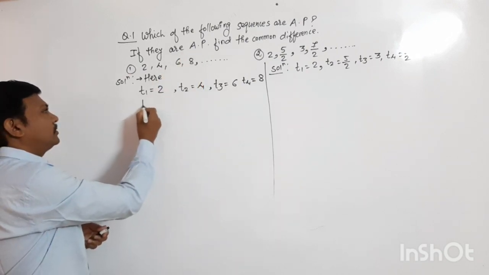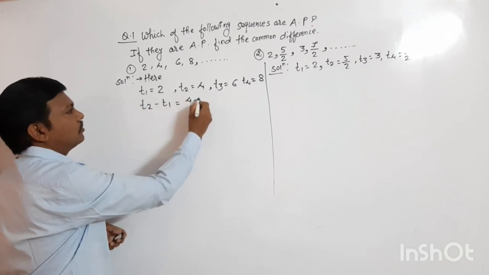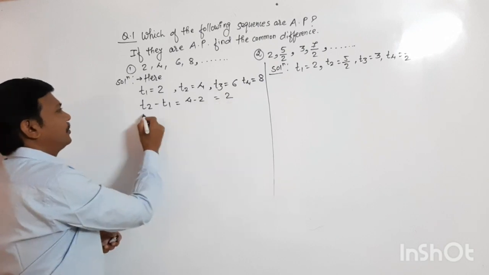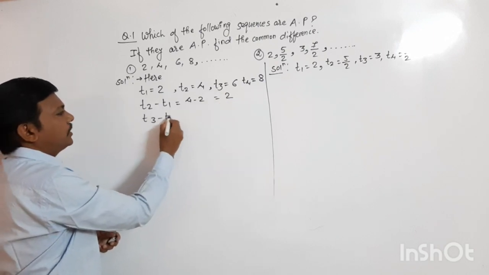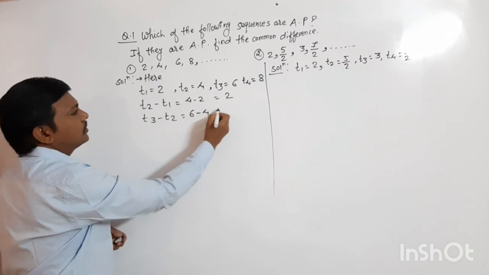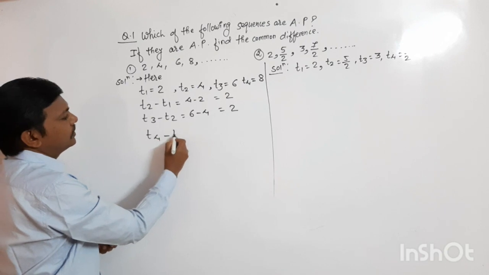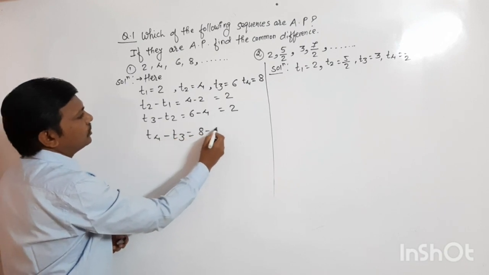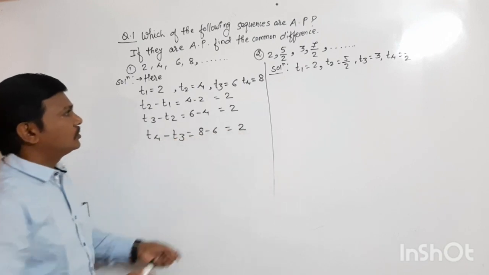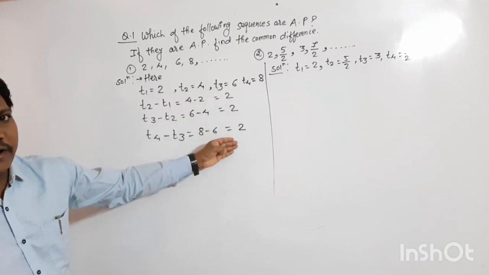This is orally. Then say how to solve. First we write T2 minus T1, that is 4 minus 2, that is 2. Then T3 minus T2, 6 minus 4, again it is 2. Then T4 minus T3, that is 8 minus 6, again 2. Then see the common difference d is the same, that is 2.